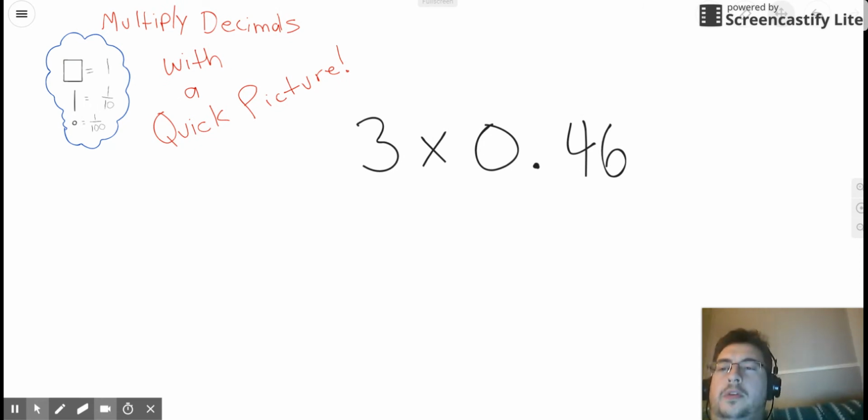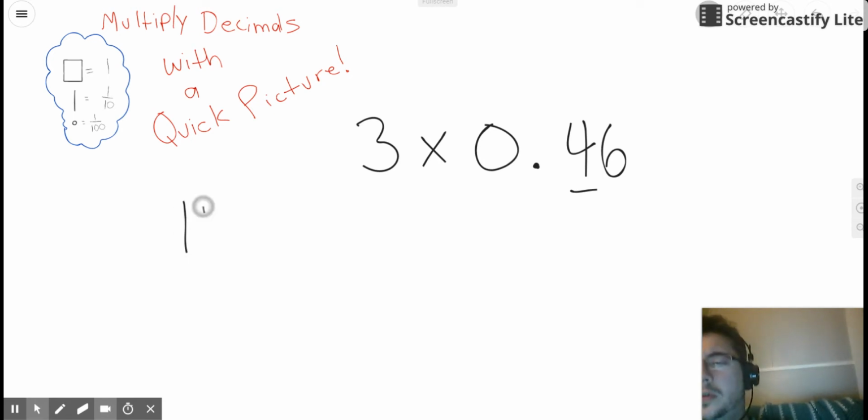To solve this problem, I'm going to draw 3 groups of 46 hundredths using my base 10 symbols. And then I'm going to see what we get when we combine all 3 groups. Since there's a 4 in the tenths place in 46 hundredths, we're going to draw 4 of these lines to represent the 4 tenths.